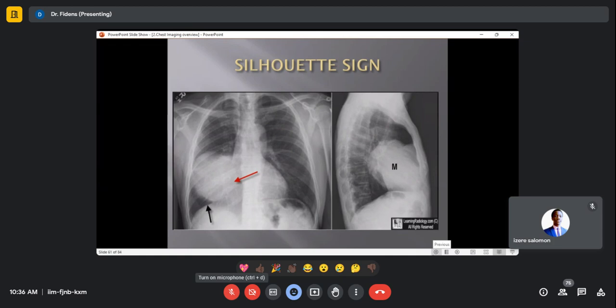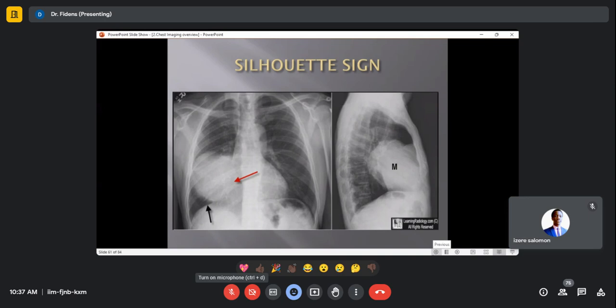Sometimes the opacity itself is not clear. It may be a ground glass opacity, or a vague opacity. You can't tell if there is any opacity or not, but still the silhouette sign is positive.